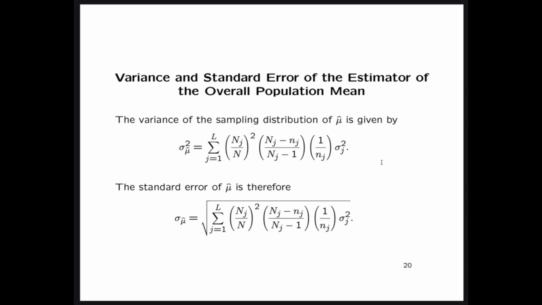Once we have that point estimator for the overall population mean, we're going to eventually want to compute a margin of error associated with that point estimate, for the purposes of constructing a confidence interval for the population mean. But to do that, we first need to know the form of the variance and standard error of that point estimator. In particular, we need to know the form of the variance and the standard error of mu hat.